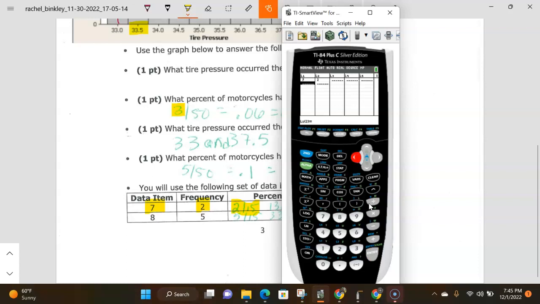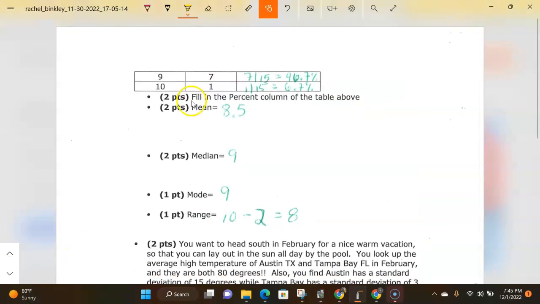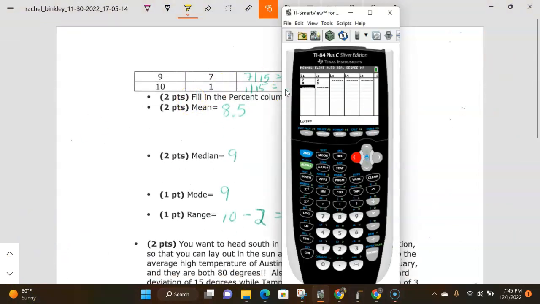Okay. Then there are 8, and there are 5 of those 8s. And then it was 9, and there was 7 of those 9s, and then it was 10, and there was 1 10.